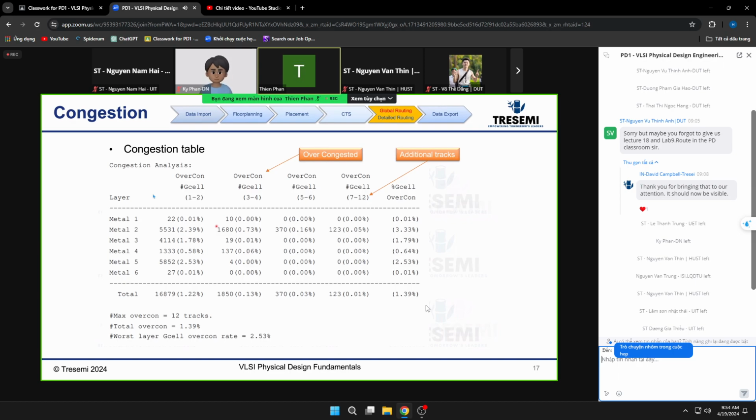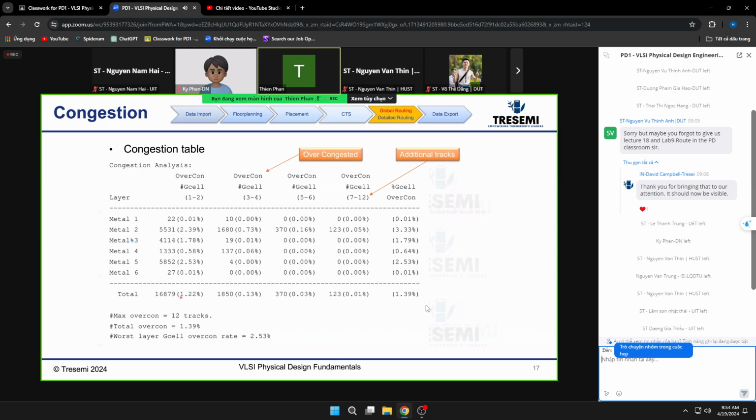So it could be that your chip's aspect ratio may not be ideal. Maybe your vertical channel needs more, or horizontal, either way. So just by looking at this, it gives you a lot of ideas.